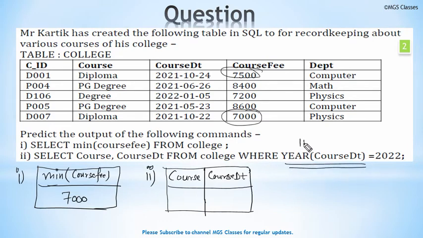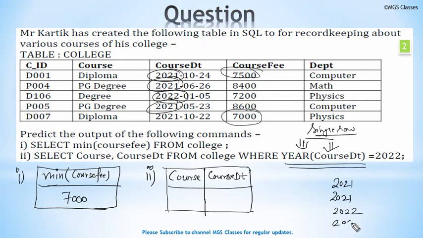The year function returns the year of a particular date, and it is applied on the course date. It is a single row function, so for each row the output will be different. For the first row it will be 2021, second row 2021, third row 2022, and fourth and fifth rows 2021.